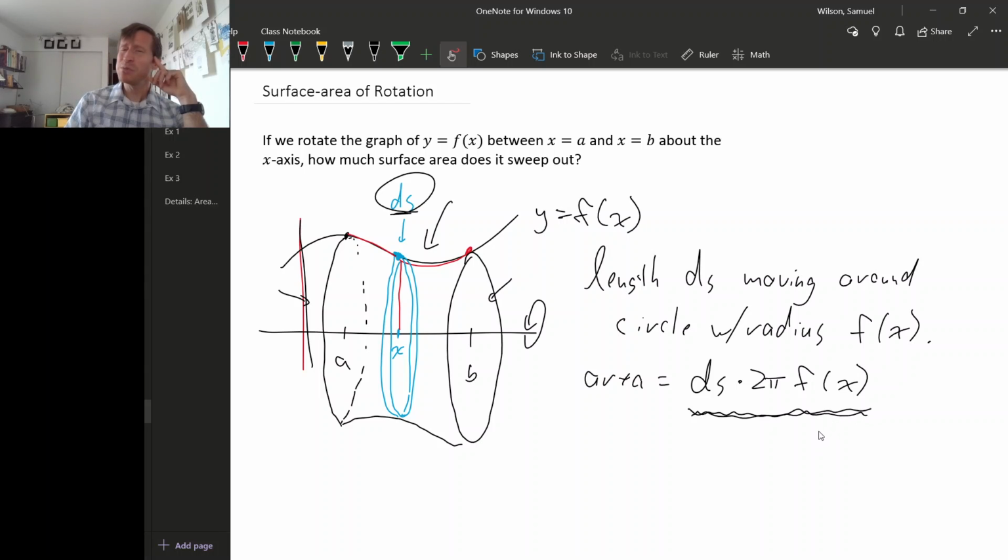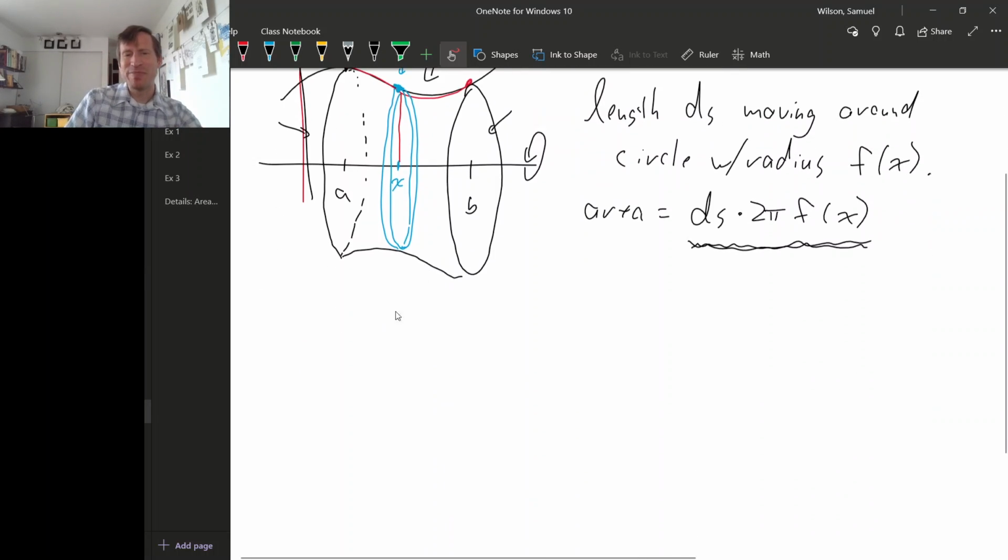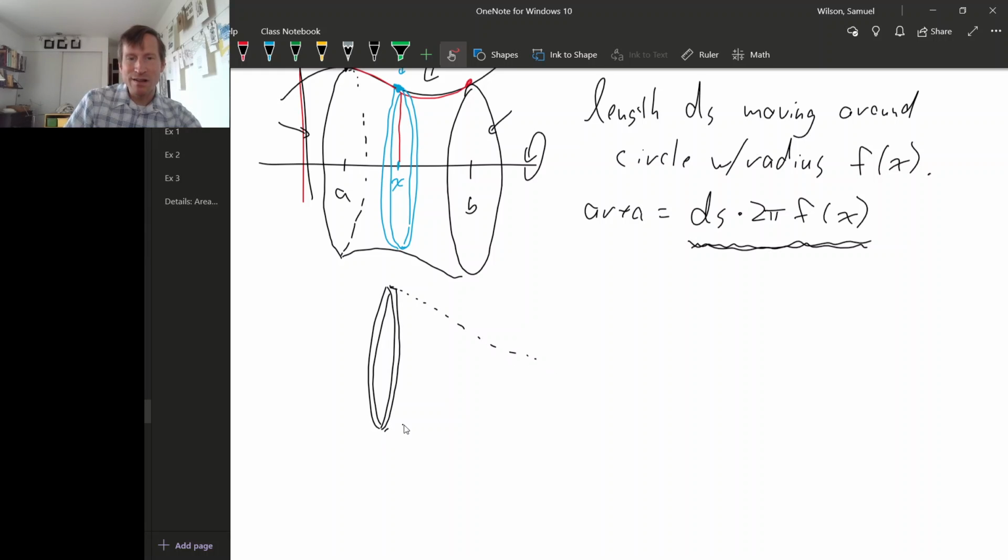It's actually a little bit trickier than that, because if you think carefully about the shape that this small bit of arc length sweeps out, it's actually a band around the base of a cone. You can imagine that if you followed the sides down, they'd make a cone. So this shape isn't really just part of a cylinder, it's part of a cone.